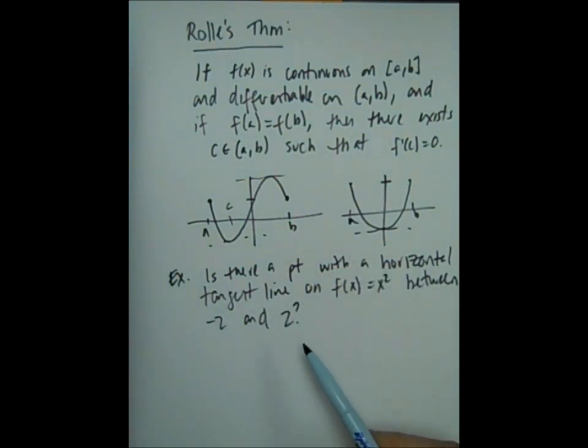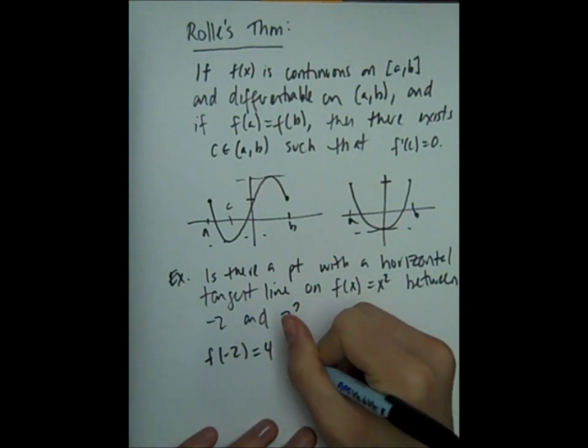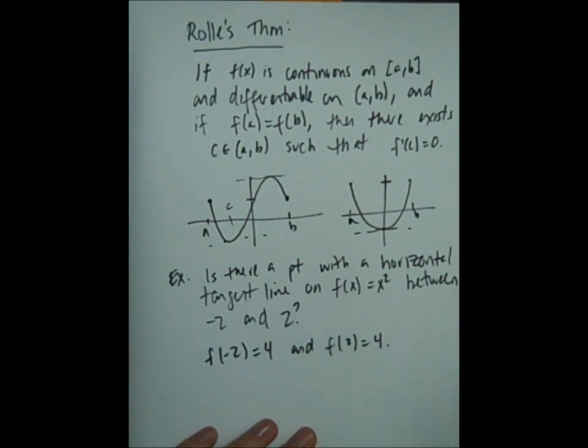So can I guarantee that I have a horizontal tangent line of this function between those two values? Horizontal tangent line means the derivative is 0. Well, let's see. I know that f of negative 2 is 4 and f of 2 is 4. This function is definitely continuous and definitely differentiable.